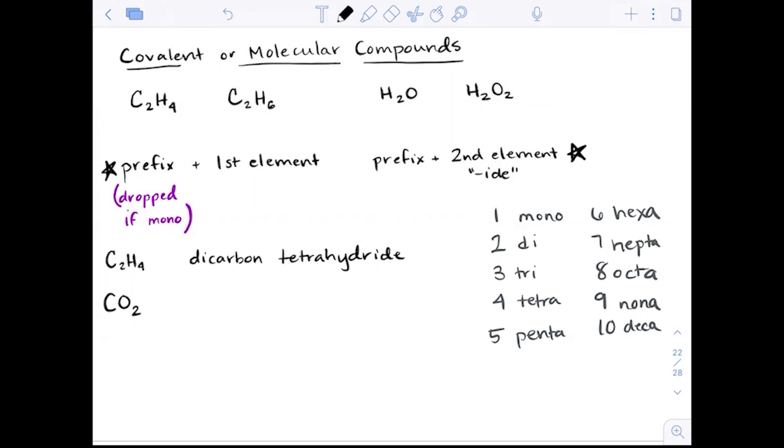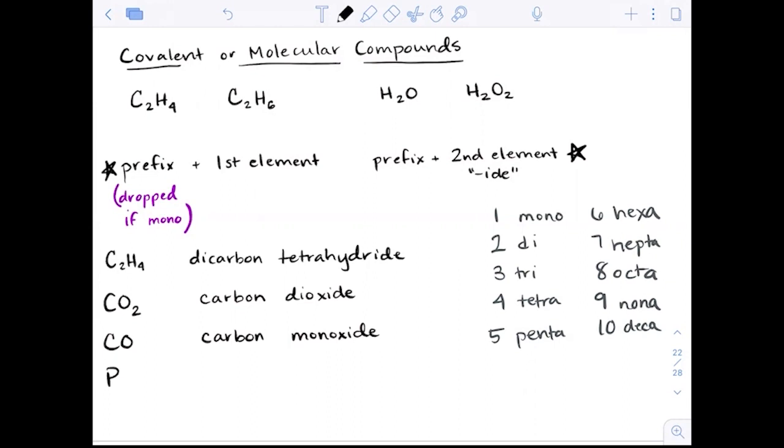Let's take CO2 for an example. 1 carbon and 2 oxygens. So the first element, it would have been monocarbon. We get to drop that mono. It's understood. Dioxide. CO, another example of the law of multiple proportions. Carbon monoxide.